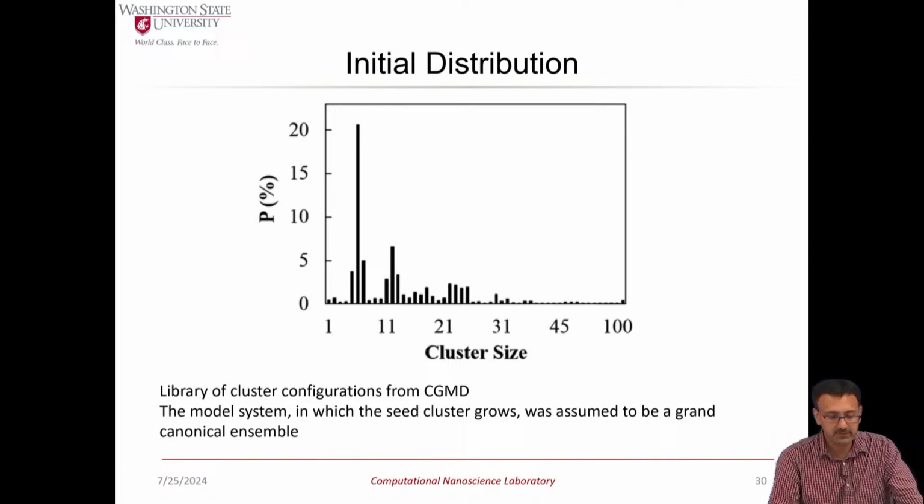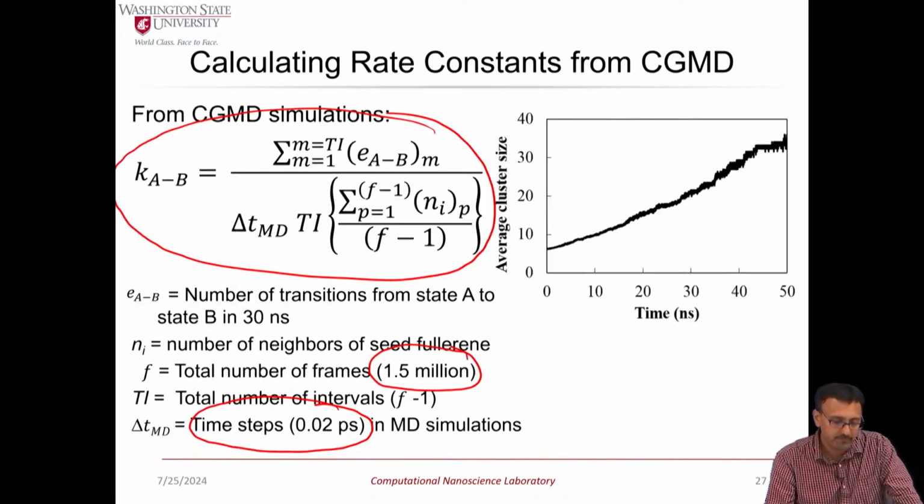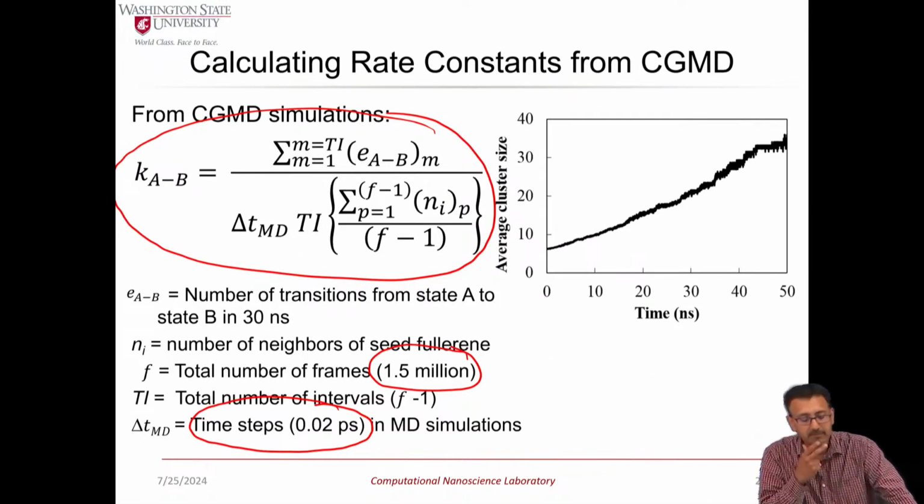So, we corrected it. What is 1.5 million? So why minus 1? Oh, in here? That's a good question. Why are we summing with f minus 1?